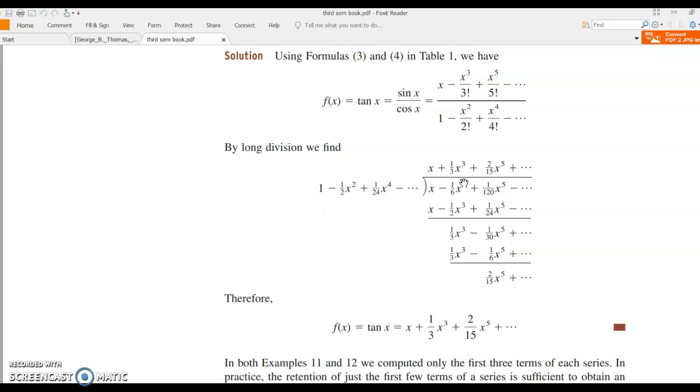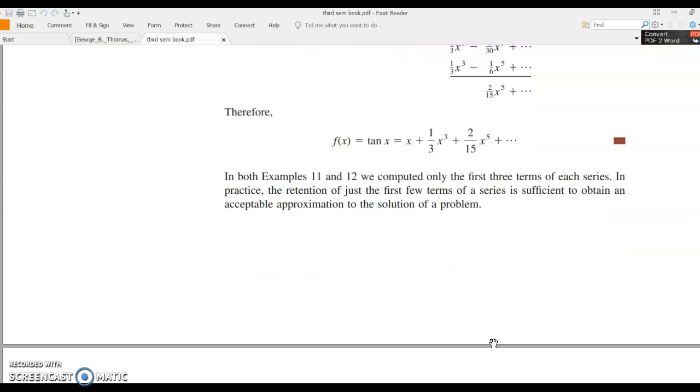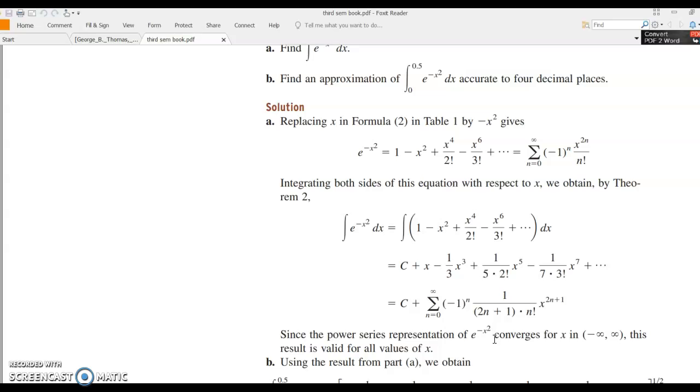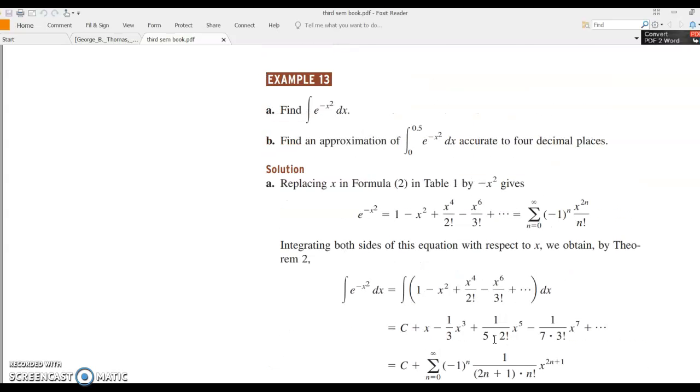Here it is 1, so we can directly write this term here. And so on. That is x plus x cubed by 3 plus 2/15 x^5 plus etc. This is the expansion for the Maclaurin series for tan x.